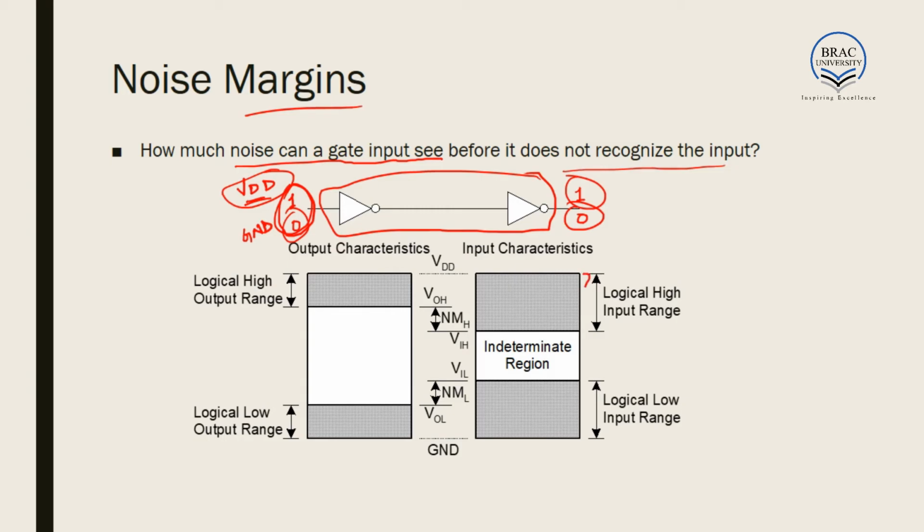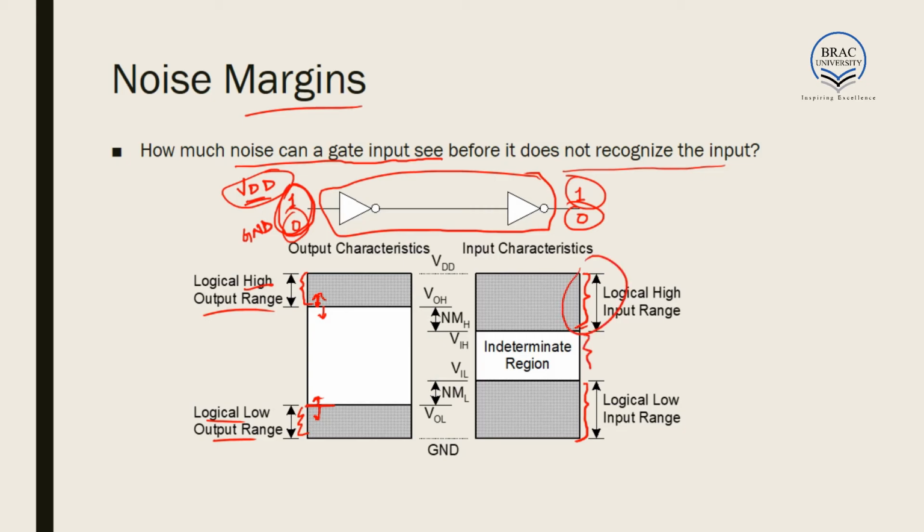Now, we see that this is the maximum level of logical high input that we can allow, and this is the maximum level of logical low input that we may allow. Again, this is the level of the logical high output range, and this is the maximum level of the logical low output range. We can shift these values upwards or downwards by changing our designs, but input noise level is unpredictable.